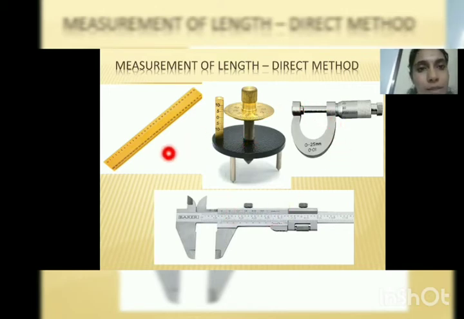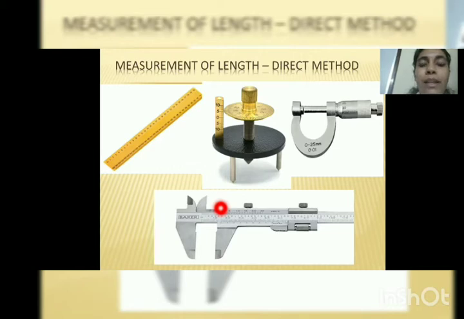The spherometer as well as screw gauge is helpful to measure length on the millimeter scale, and the vernier calipers will measure length both in millimeter and centimeter scale. So all are direct methods to measure length.